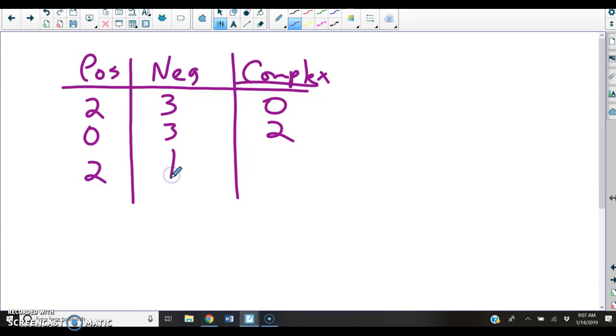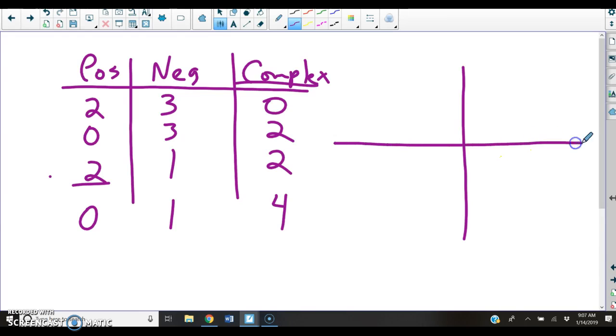Or I could have started by taking 2 from the negative and putting them in the complex. But because this 2 is still, we could subtract 2 from it without getting to a negative, I could take 2 from each of them. Okay, so that's a possibility. So this is a degree 5.